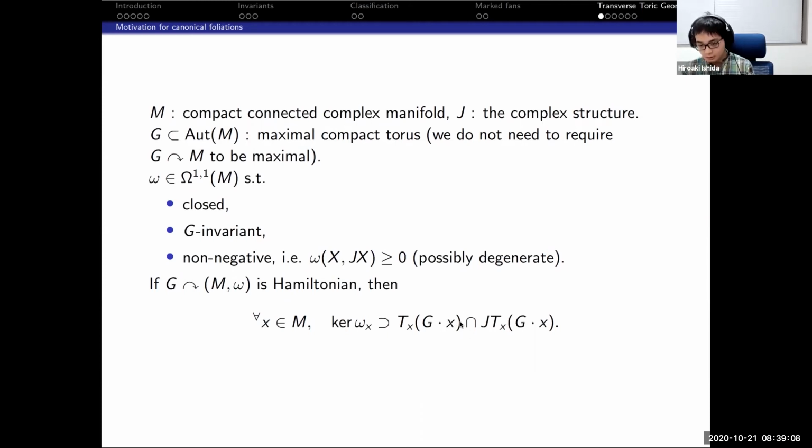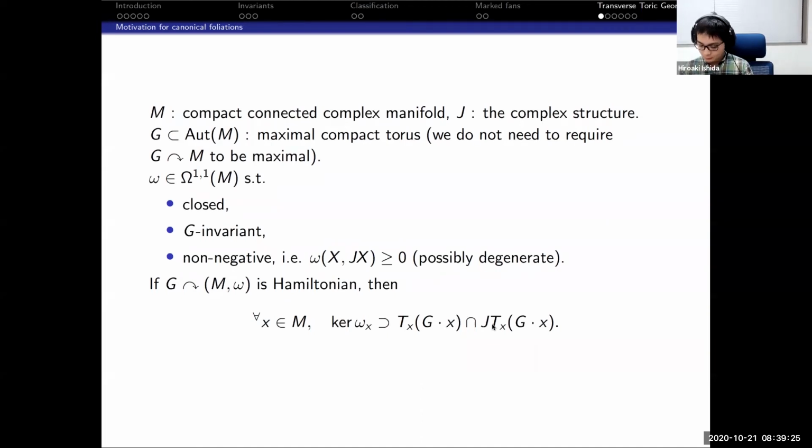This subspace is isotropic because all orbits of a Hamiltonian torus action are isotropic.